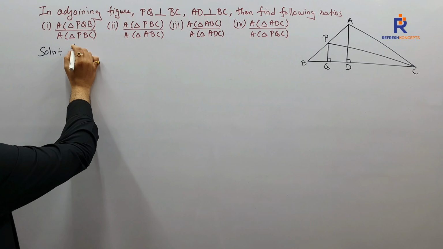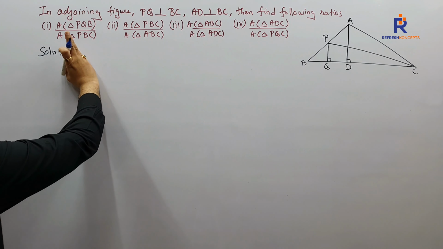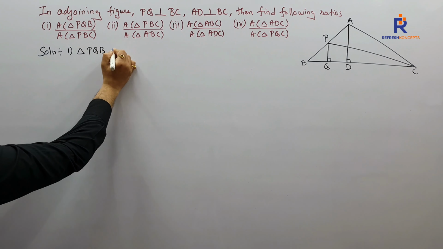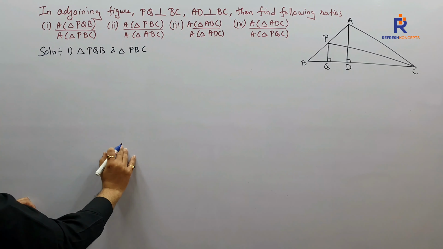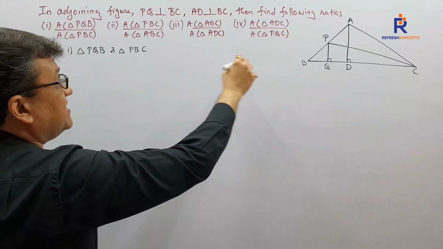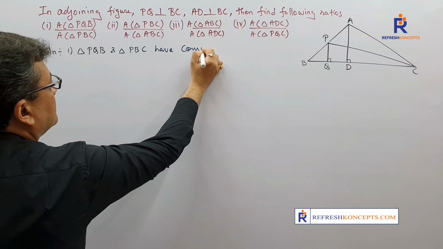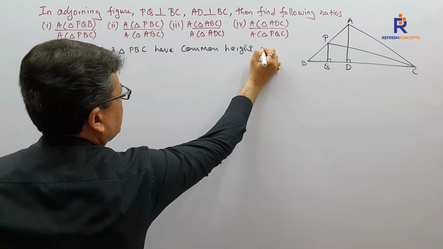So the first one to start off with: triangle PQB and triangle PBC have common height. And what is the common height?